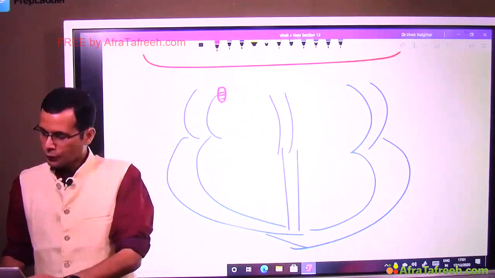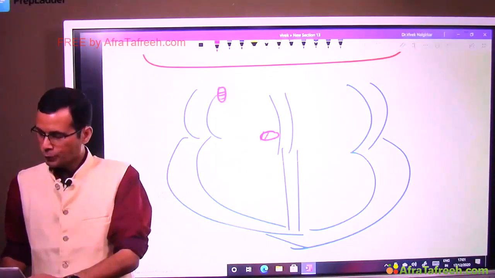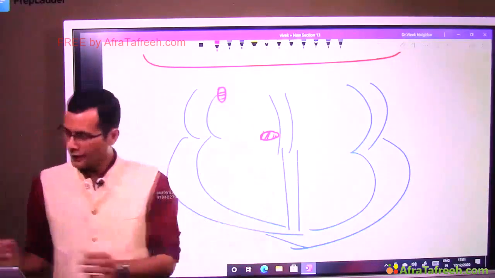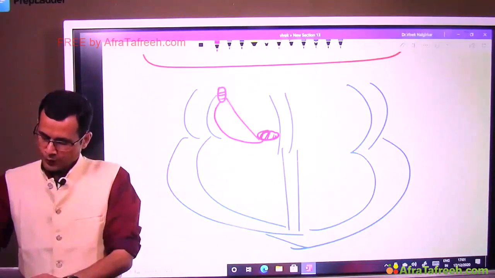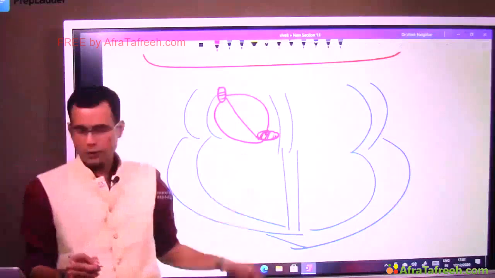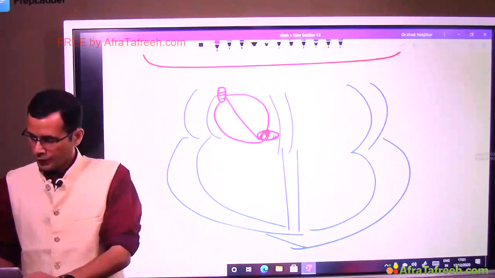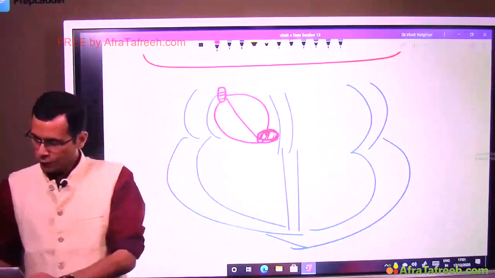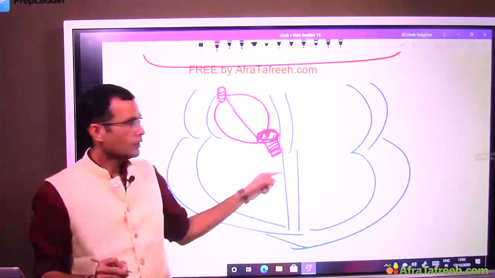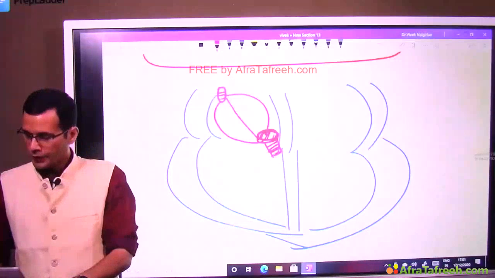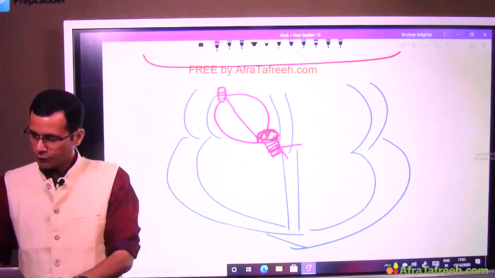So the SA node is situated in the superior-lateral wall of the right atrium, and then the AV node, and there are three internodal tracts sending the impulse to the AV node. Then there is the bundle of His, and then the right and left branches of the bundle of His.